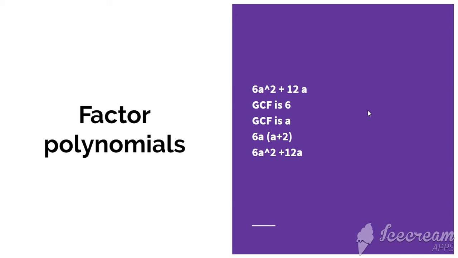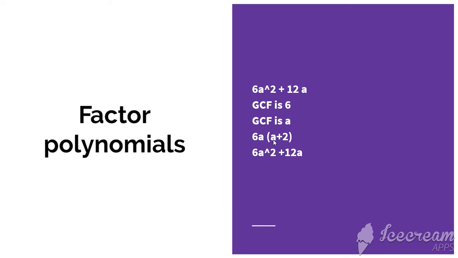For factoring polynomials, if we have a problem like 6a² plus 12a, then the greatest common factor of 6 and 12 is 6, and the greatest common factor of a² and a is a. And so the equation would be 6a times the quantity a plus 2.